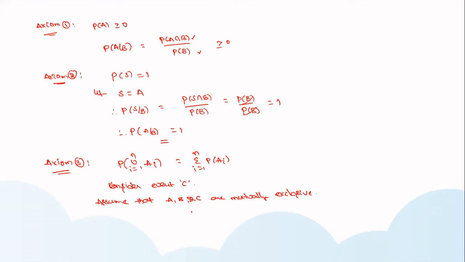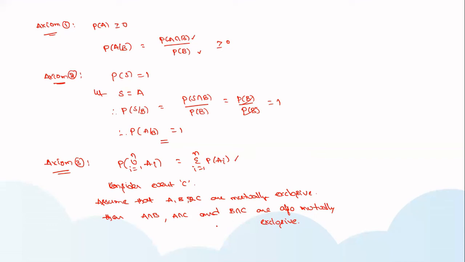So if A, B, and C are mutually exclusive, then A intersection B, A intersection C, and B intersection C are also mutually exclusive. Okay. So now my task is to prove this condition.